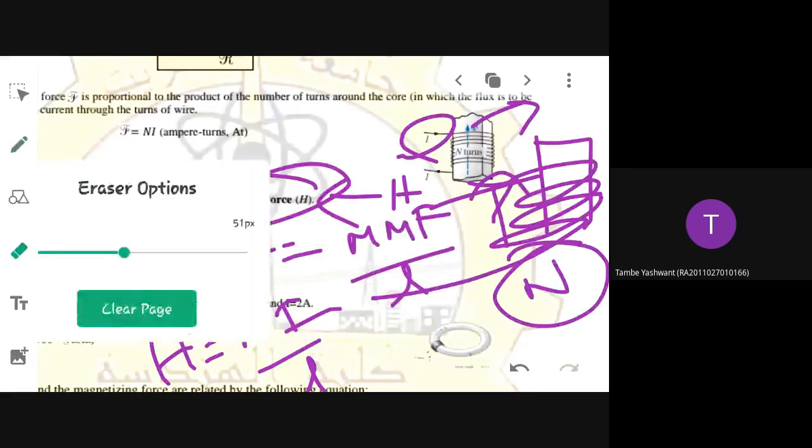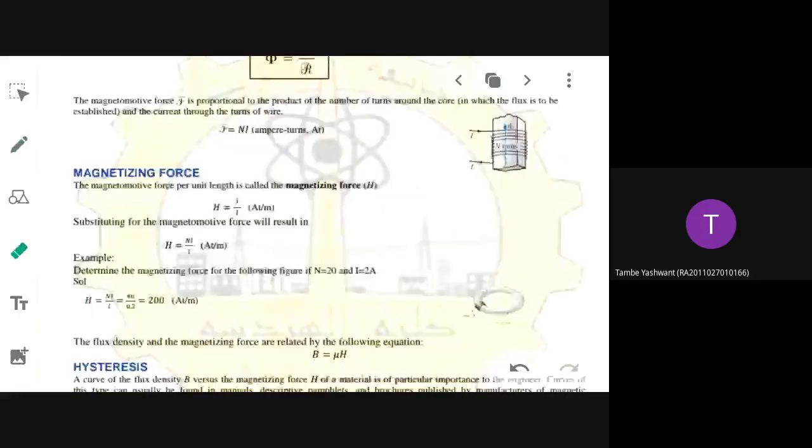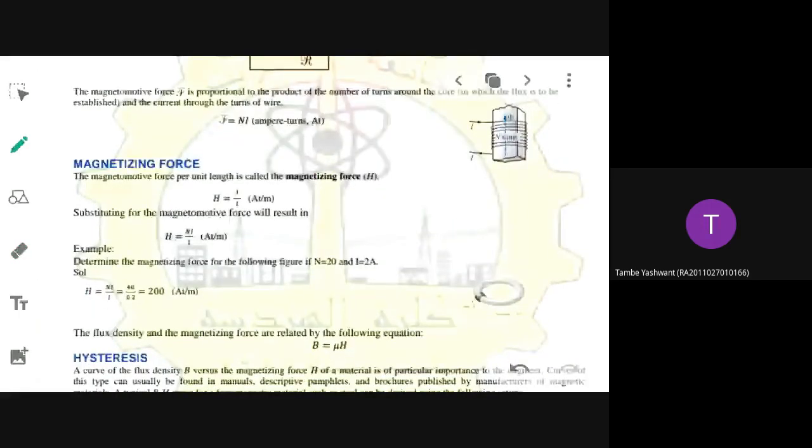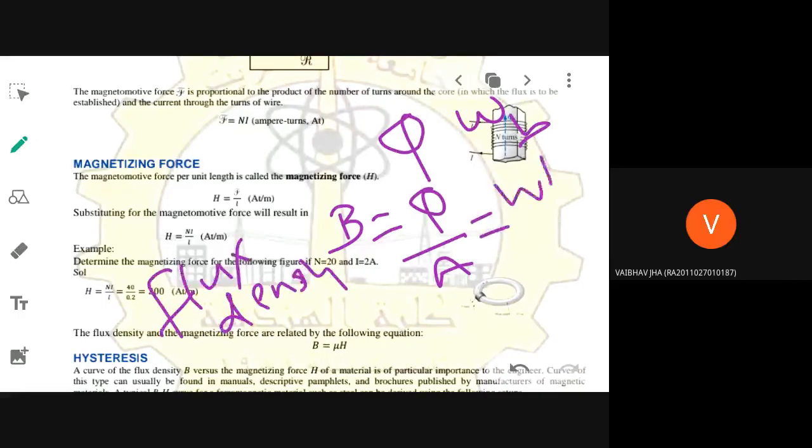Again, I am telling you, just give me a summary of whatever formulas I have discussed. Yes, ma'am. Flux density B is equal to phi divided by A. The unit of phi is Weber. The unit of flux density is Weber per meter squared, or Tesla.